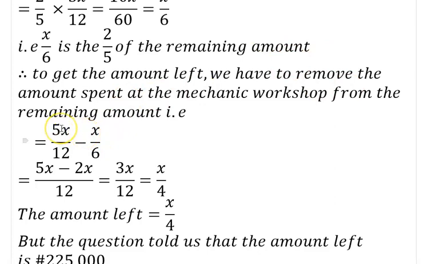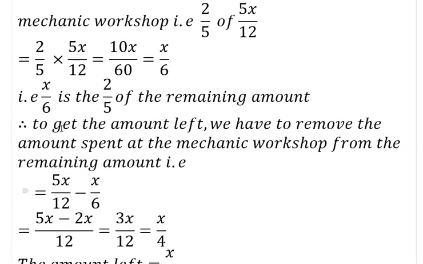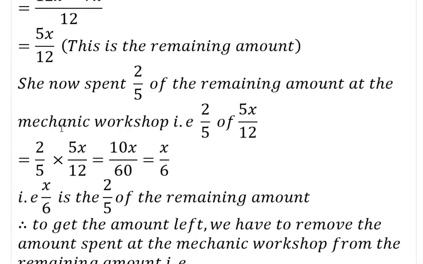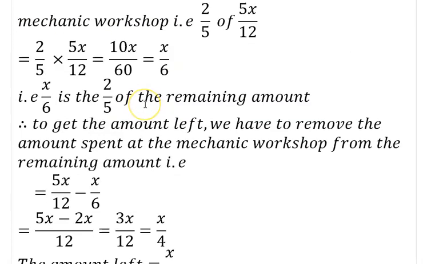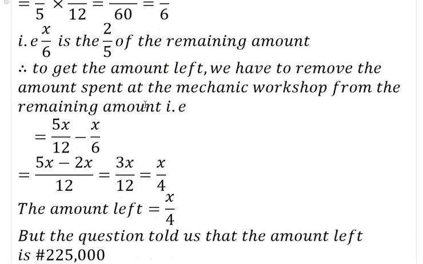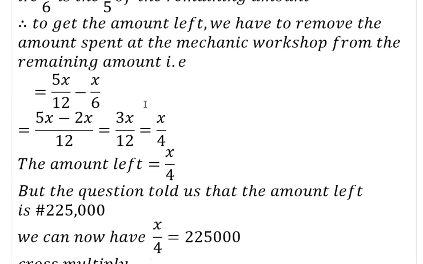So this is 5x over 12. Don't forget that 5x over 12 is the remaining amount. So let's remove how much she has spent at the mechanic workshop, which is what? x over 6. We've been able to get that.